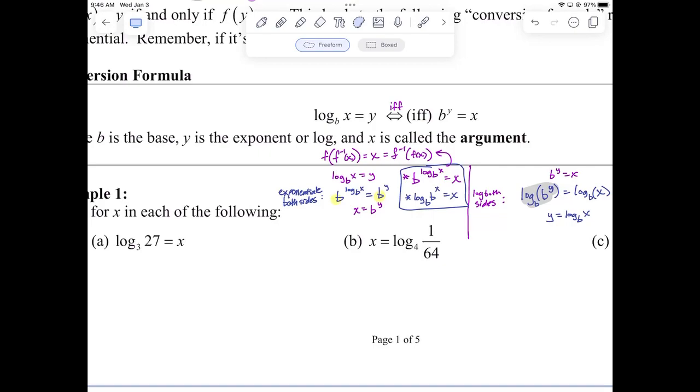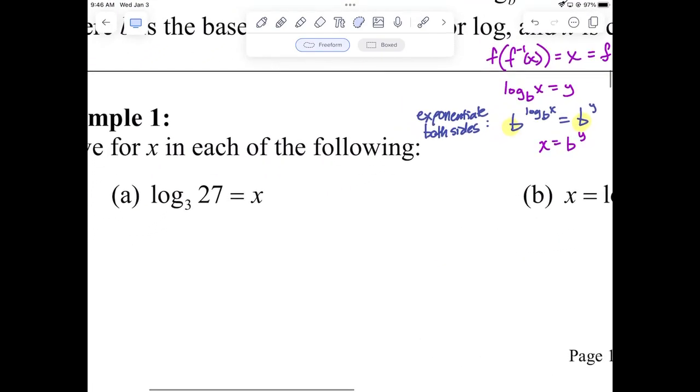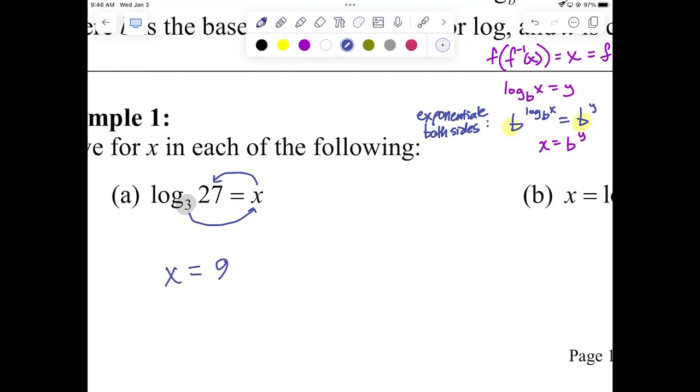Well, here's how you can think about it. 3 is the base. So 3 to what power equals 27? 3 to the 9th is 27? 3 to the 3rd. Yeah. 3 to the 3rd power.